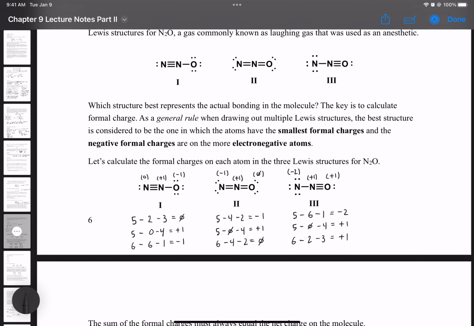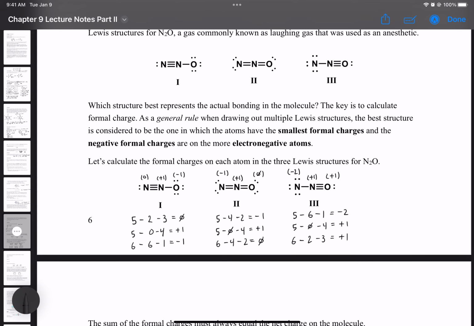And in this case, the 0 is on oxygen, and then the positive charge and negative charge are on nitrogen atoms, both nitrogen atoms. So that's not a very good scenario, because if they're both nitrogen atoms, they should probably not have different formal charges just because they're both nitrogen. So, and since oxygen is more electronegative, it should bear the negative charge.